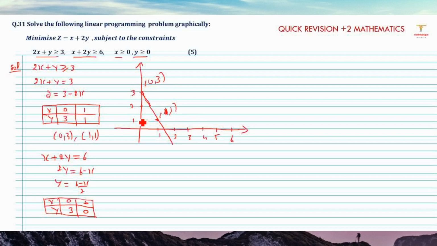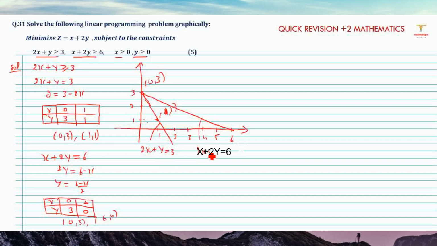Now you take the second line. It is passing through 0 comma 3, and it is also passing through 6 comma 0. Like this. Now you just check out the inequality. This line is 2x plus y is equal to 3, and this line is x plus 2y is equal to 6.